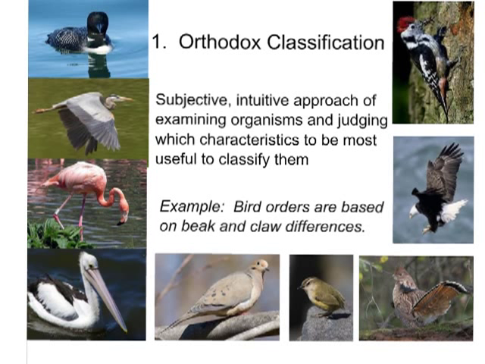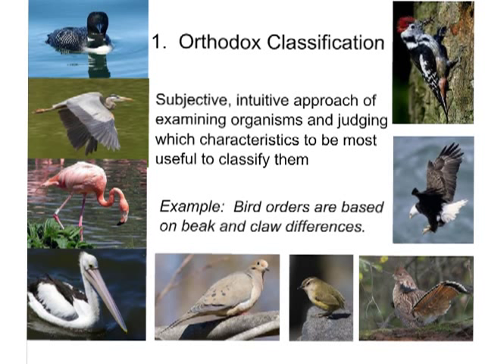Are we going to use the foot? Are we going to use other structures of the organism? Obviously, organisms vary quite a lot. So we're going to have to subjectively decide which of those structures and which of those features are the most important. And that's kind of the classical Orthodox way a lot of the classification has been done.